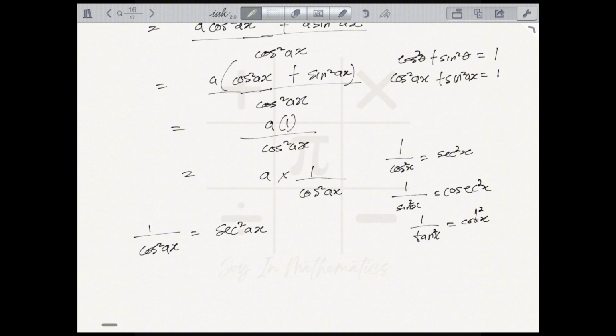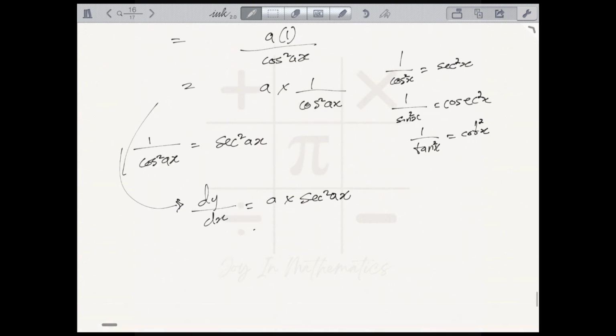Therefore, our dy dx that we have been evaluating will be equal to a multiplied by sec square ax, which is a sec square ax. Therefore, if y is equal to tan ax, then dy dx is equal to a sec square ax.